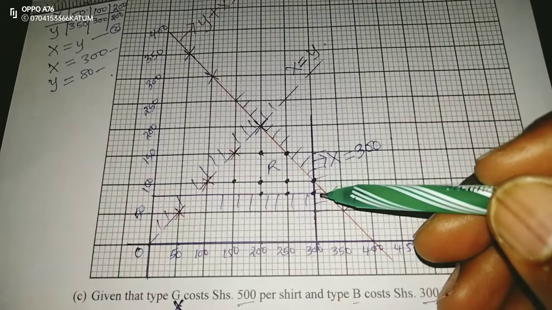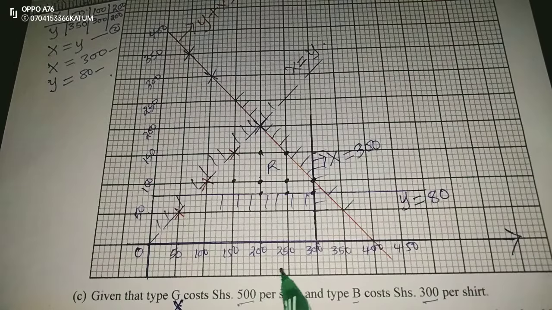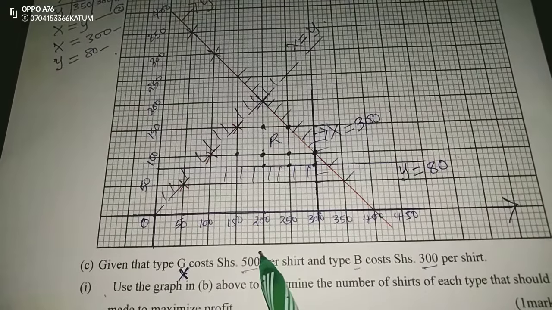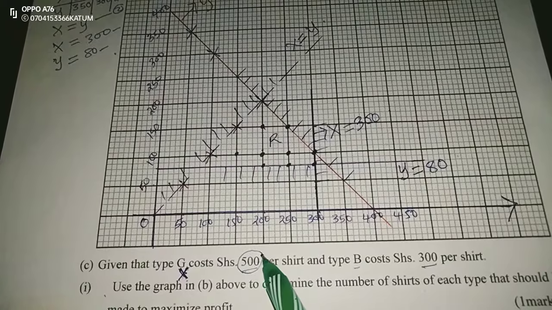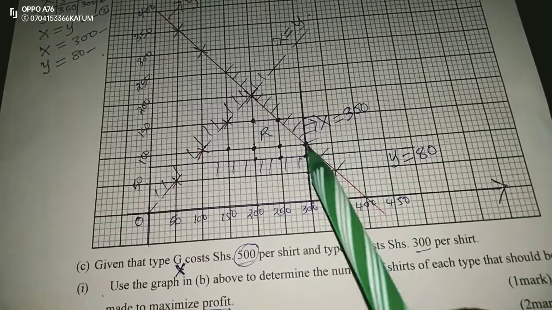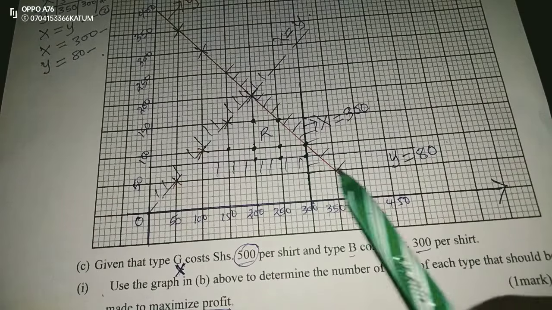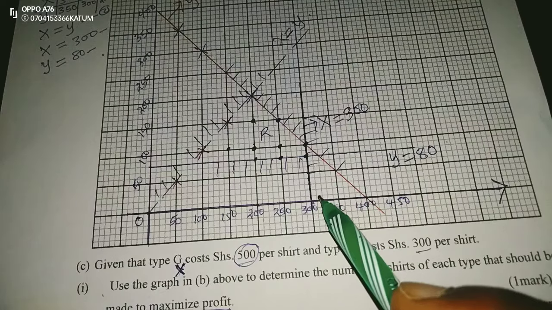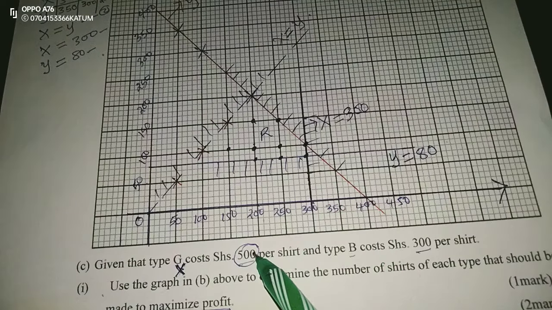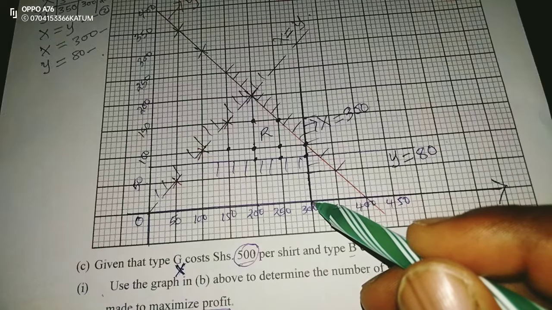So that becomes our favorite combination, where the one having a bigger cost has the highest value. All these are possible values, but now we want where the value of X becomes greatest, because X has a higher price. So where the value of X is greatest is at 300.